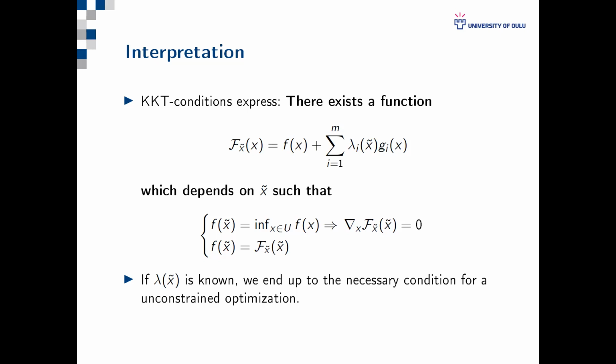So actually the first condition, the gradient condition, is just the optimality criterion for an unconstrained problem.